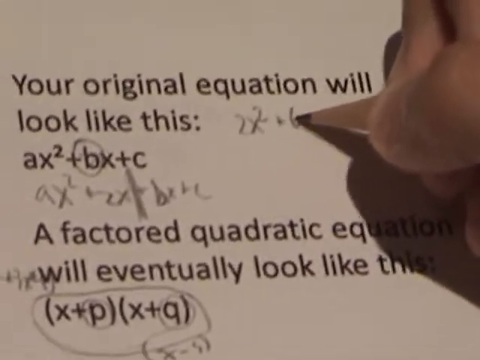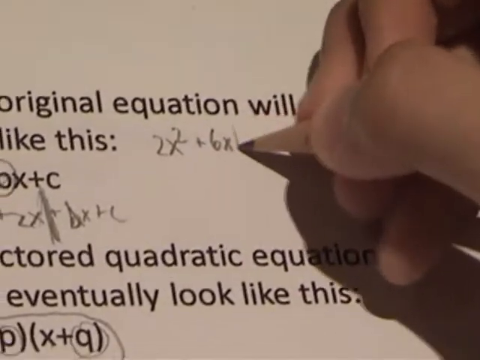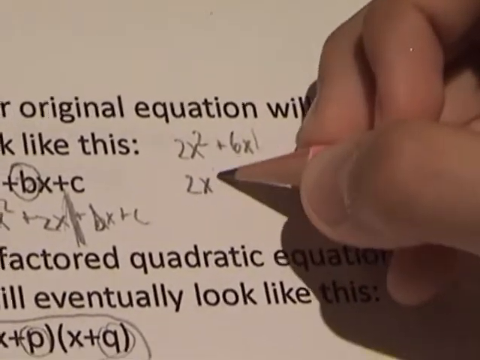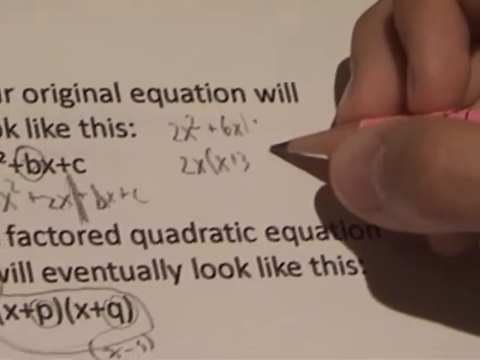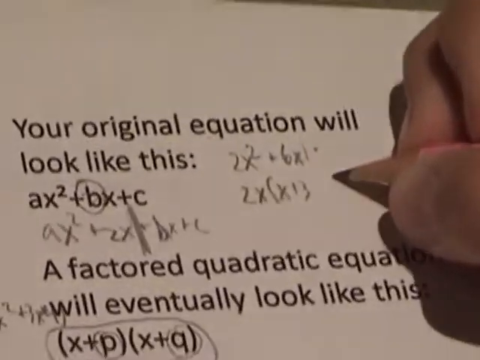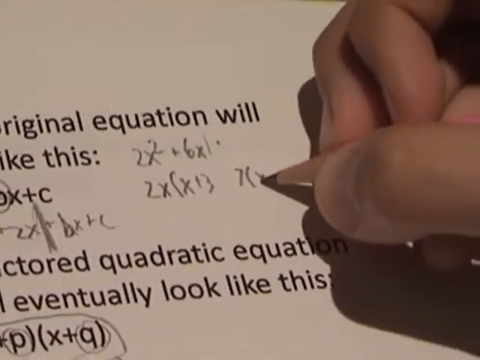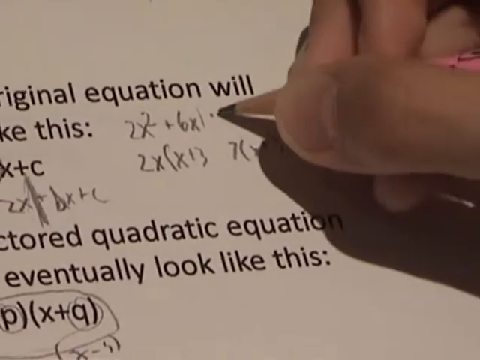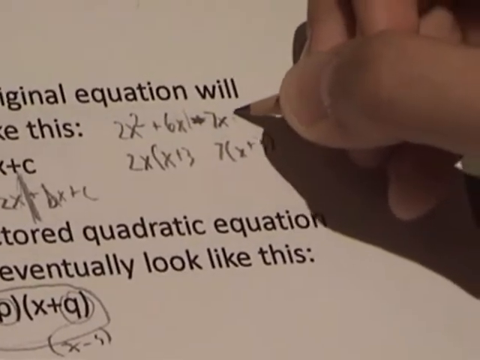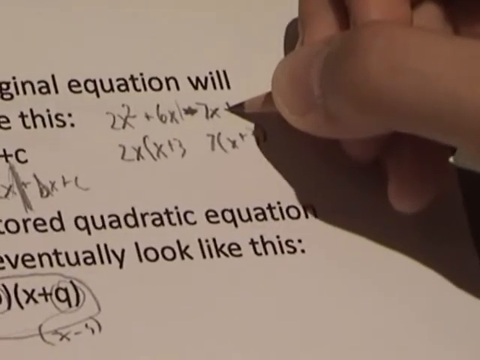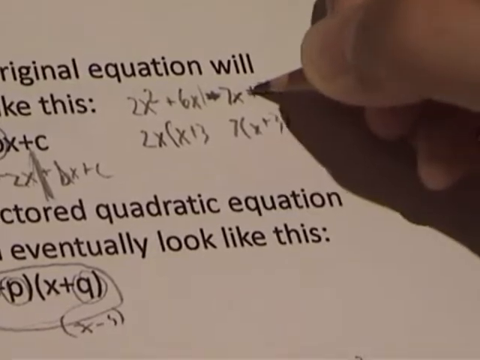On each side there's going to be a common term. For example, in 2x squared plus 6x, if that's one side of the equation, the common term is 2x. This will become x plus 3. And on the other side, let's say you have negative 7x minus 21.